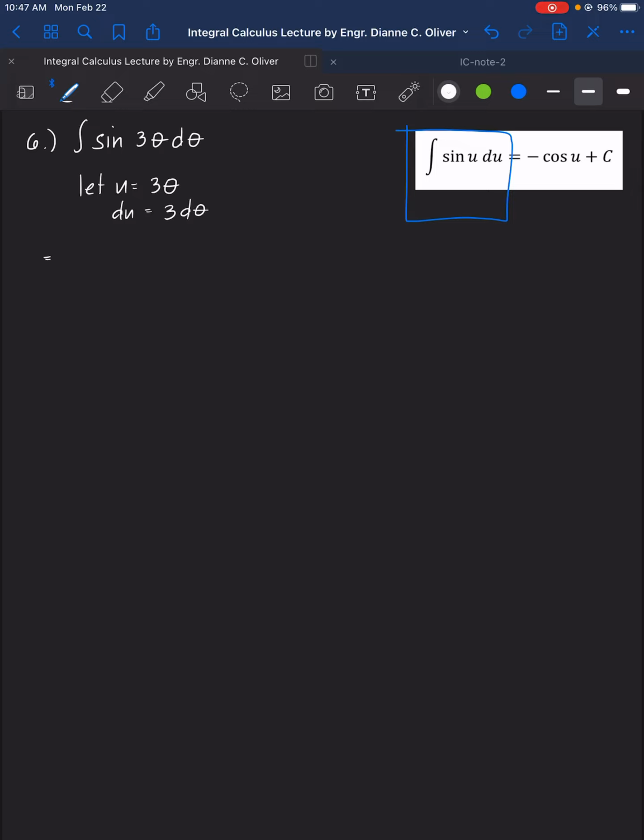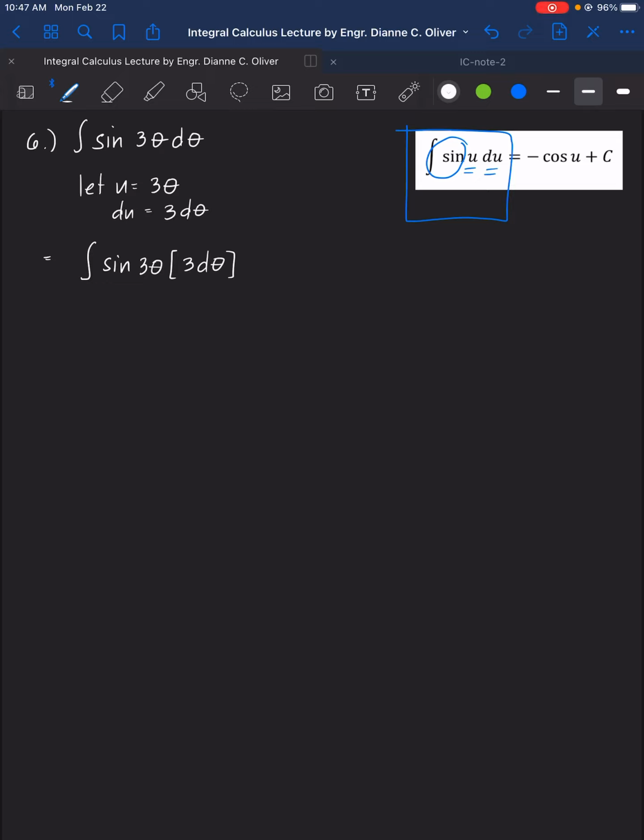So if we use the pattern, we have the integral of the sine and the u we used here. So we have here sine, then the u and the du. So sine u is 3 theta, the du is 3 d theta.